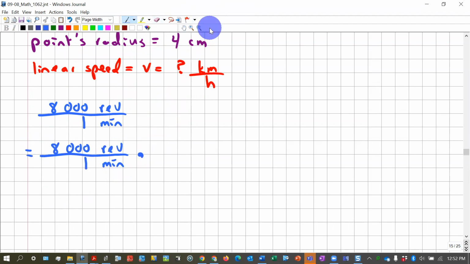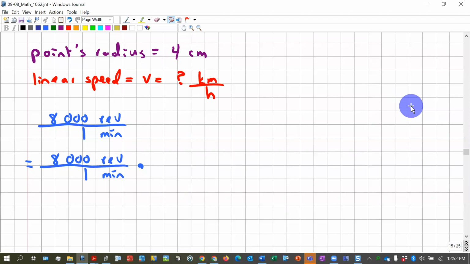Notice that this time we have to convert both the numerator and the denominator. Because instead of revolutions, which in this case is an amount of spin, we want kilometers, which is an amount of distance. And in the denominator, we're starting with an amount of time in minutes, but we want the amount of time in hours. So I would pick one or the other to start with. Do we want to start with the numerator or the denominator?